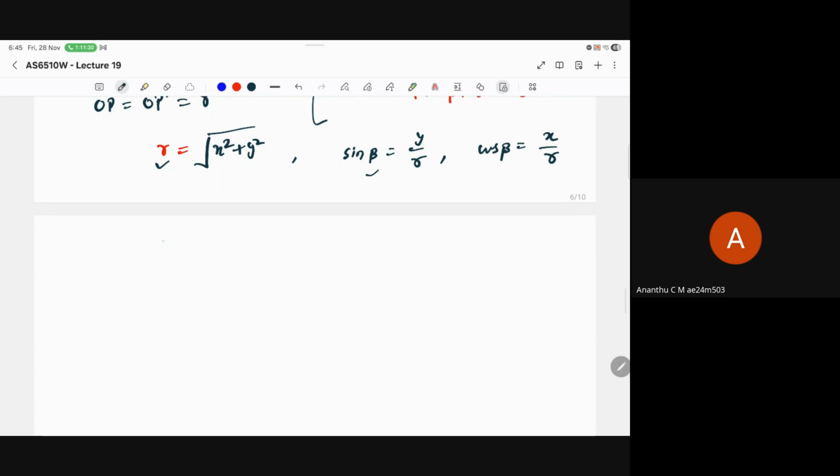The other thing we already saw is that alpha is equal to d alpha upon dz into z, where d alpha upon dz is the rate of twist, which is k. So alpha is equal to kz.